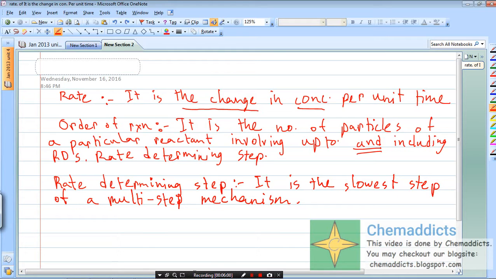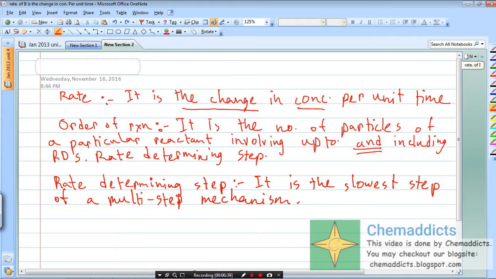Well, you know that a reaction can proceed by one step, or it can be carried out in two or more steps. With many steps involved, the slowest step of those is called the rate determining step. So this is it.